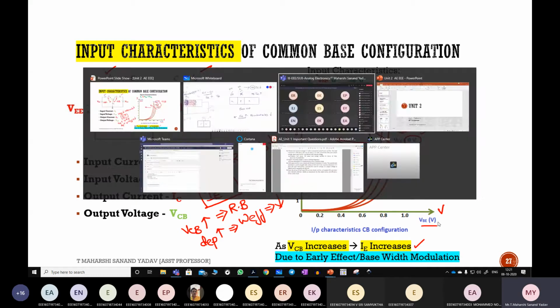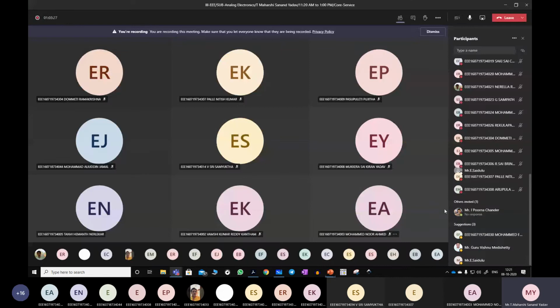Better I'll call some random numbers to try to explain you once again. Roll number 21. Rakesh. Okay, I'll mark absent for Rakesh. Next, roll number 24. No response. 25.